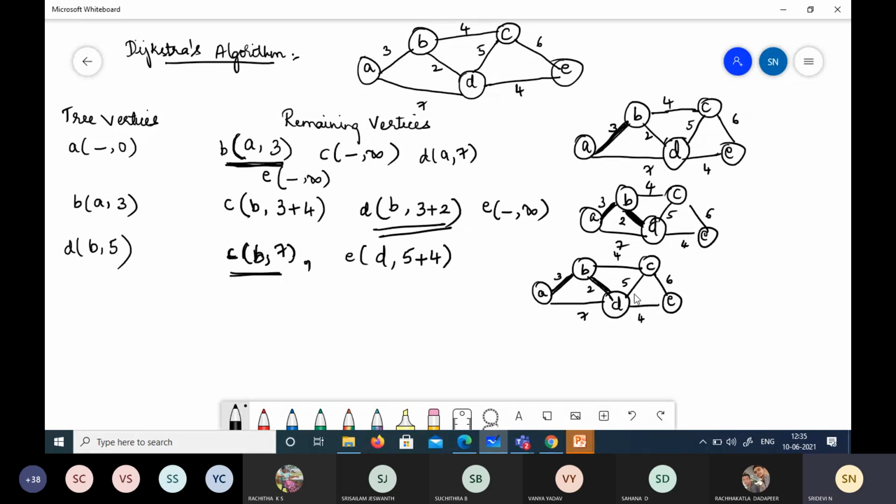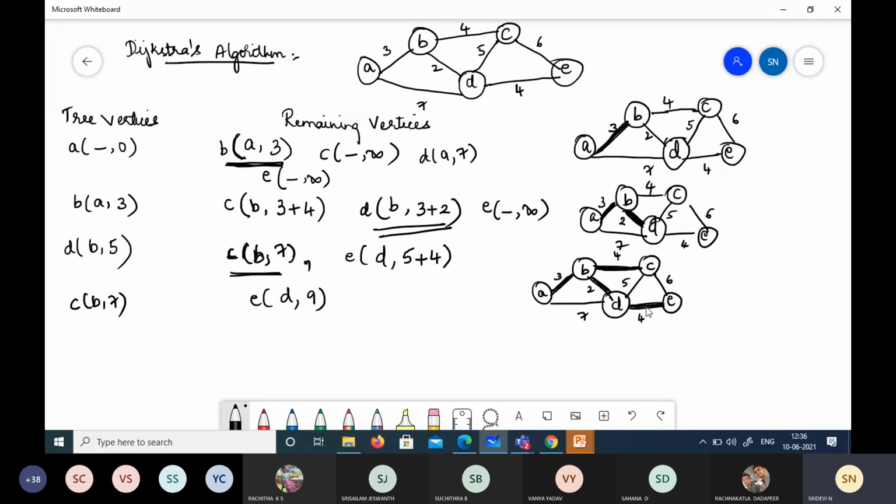Now we are moving to C of B comma 7, which is this. Now we are left out with only one, D comma 9, which is 9 here.